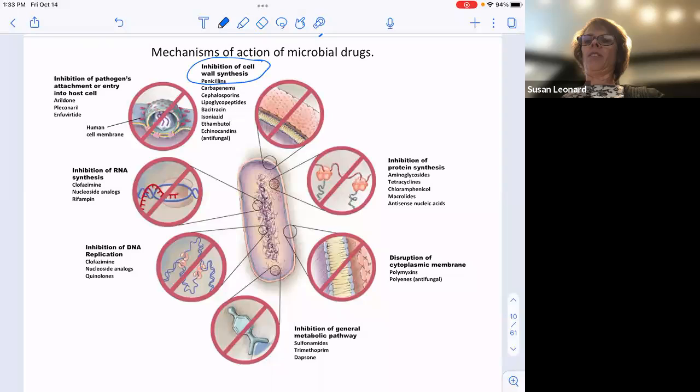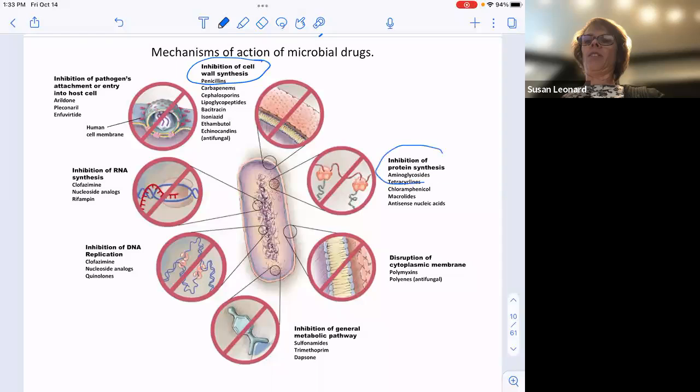Probably half of our antibiotics target the bacterial cell wall, and that's good selective toxicity because we humans, as animals, don't have cell walls. So when something is targeted that we don't have, there's a good chance it's going to be less toxic to us.